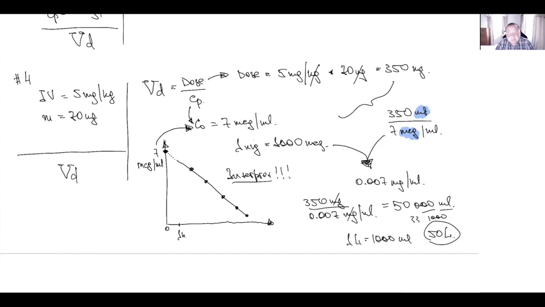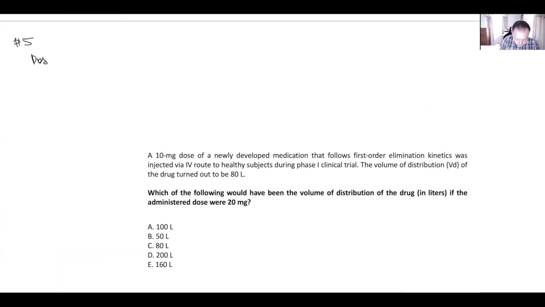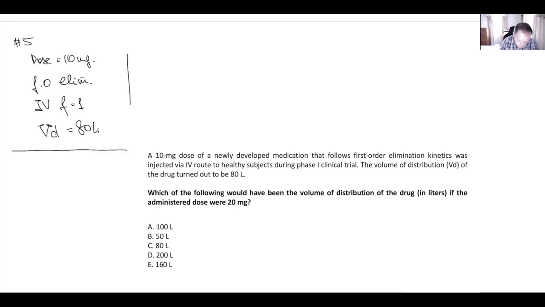Next question. So we have those 10 milligrams. First order elimination, IV, right? So bioavailability is 1, volume of distribution 80 liters. What will be the volume of distribution if the administered dose will be 20 milligrams?